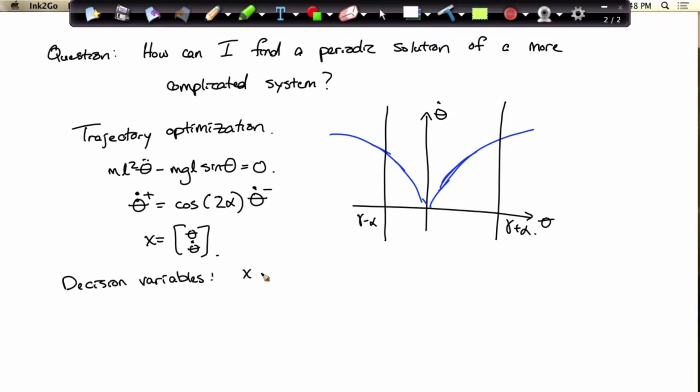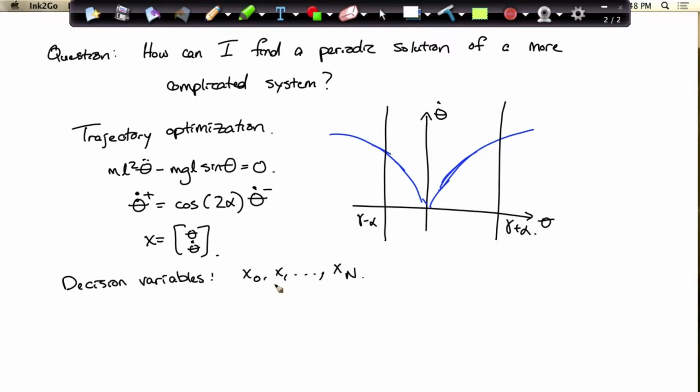Let's just list out the state. We don't have any control here. I could do x0 to x big N.